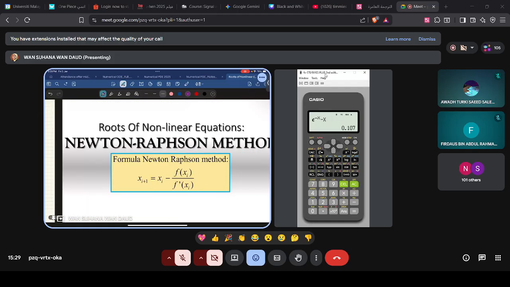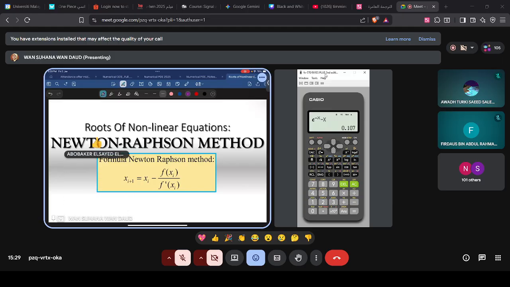Okay, let's move to the next method, Newton-Raphson method. We also use this Newton-Raphson method to find the solution of f(x). For Newton-Raphson and secant method, these two methods have their own formula. In the exam, we will provide you the formula.